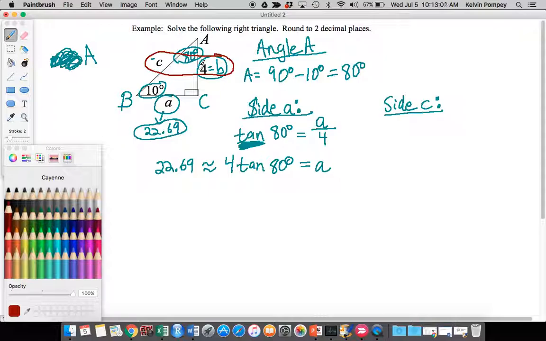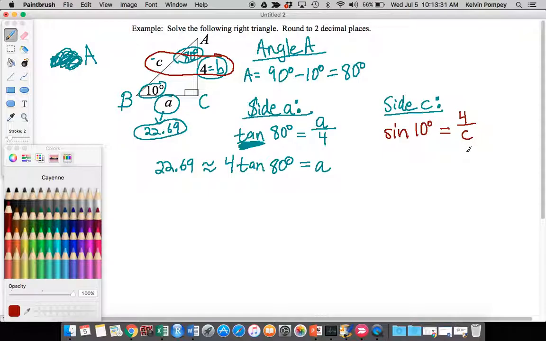Side length B is 4 units. Side length C is what I want to find. I can use a trig function, either the sine or the cosine function, because this involves the hypotenuse, to help me figure out what side length C is. Let's say I use sine. It would have to be sine of 10 degrees equals the opposite of that 10-degree angle, which is 4 units, over the hypotenuse, which is C units.